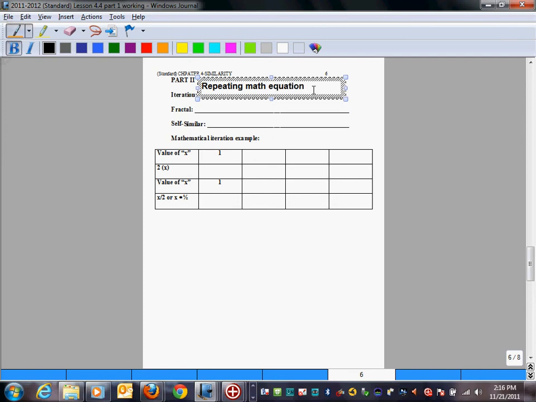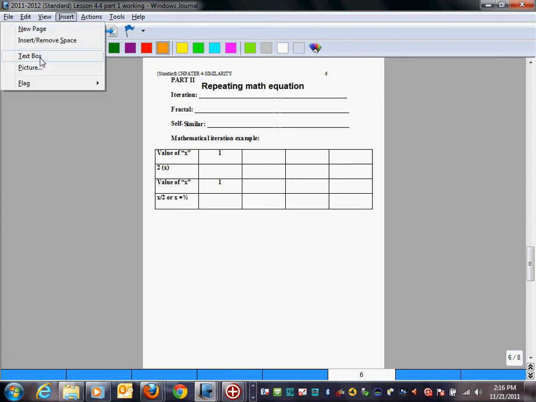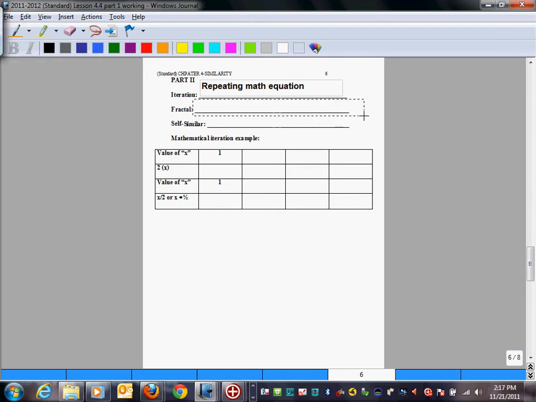That's an iteration. A repeating math equation. A fractal is a visual of an iteration.